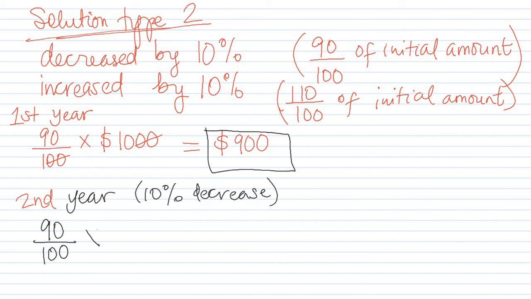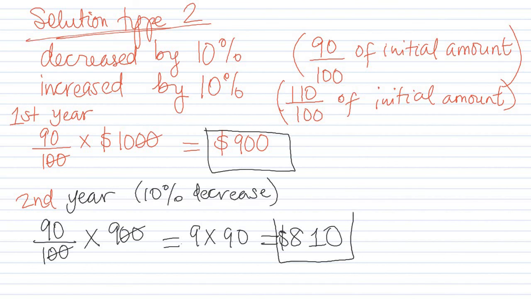So 90% times 900, because that's the first year where we get the value of 900. Now we're decreasing from the first year, so that's 90% of 900. That's how you solve this. So cancel. So that will be 9 times 90. So 9 times 9 is 81, and we have a 0. So that will be $810. This is the other way for you to solve this question.